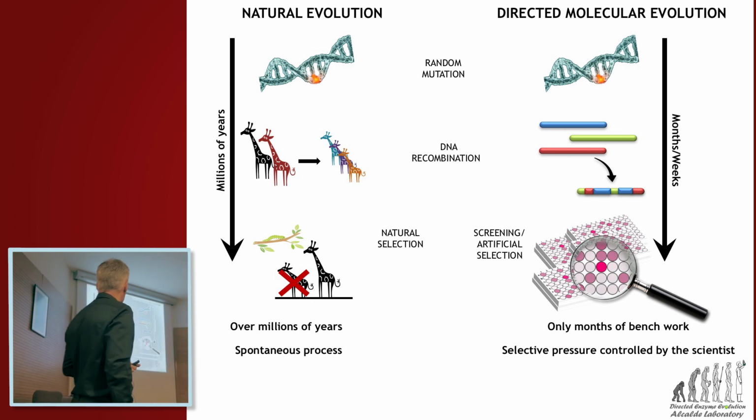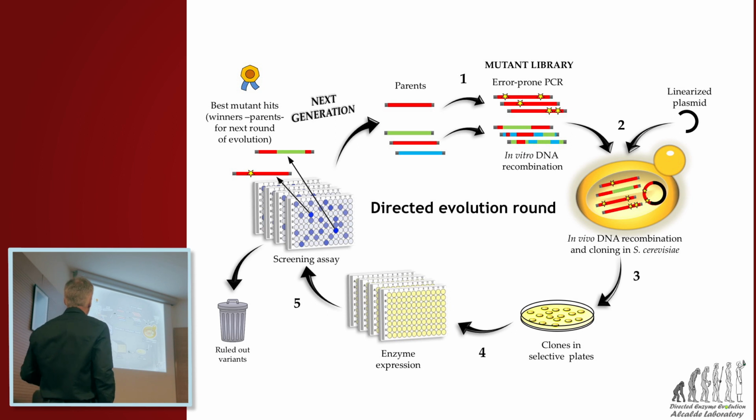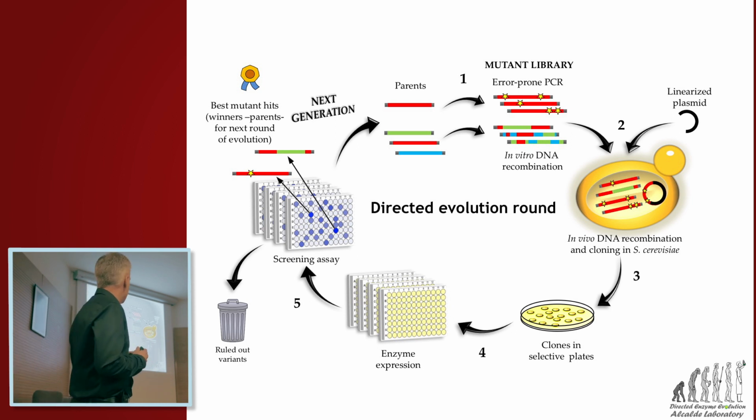And this is the classical directed evolution round, where we start either with one single enzyme, one single parental type, one single gene which is going to code for our desired enzyme, or with a collection of different enzymes which share a certain degree of sequence identity between each other.